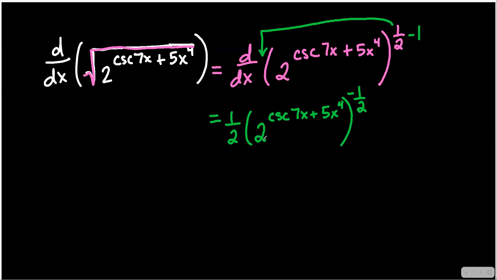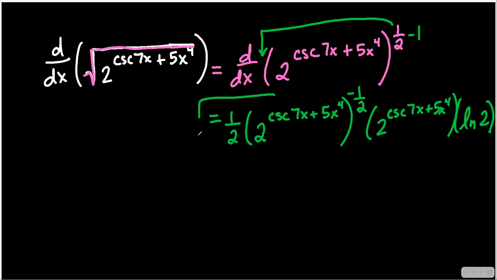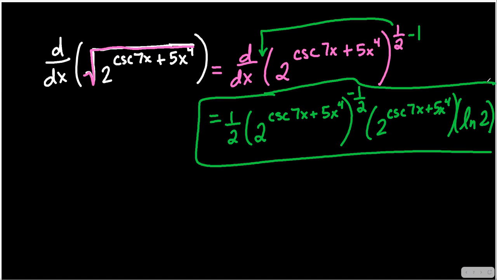This rule says, yes, I'm taking the square root piece, but I'm also going to get my original function back, 2 cosecant 7x plus 5x to the fourth, and I'm also going to get the natural log of the base, the 2. That's this whole next layer, and that's our second piece of our final solution.